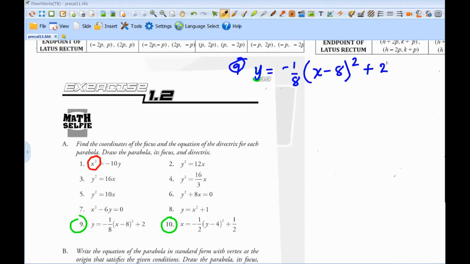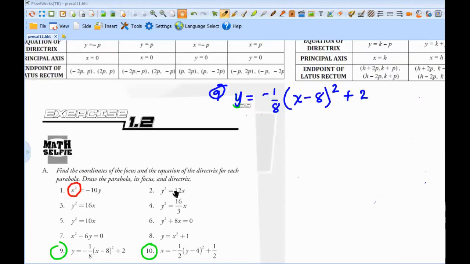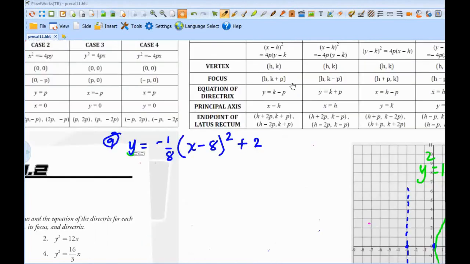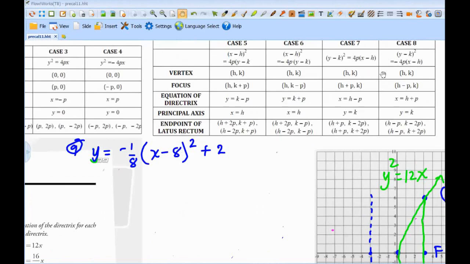Okay, so when we have this, we will be having it in a general form. So make sure that we will be checking our equation on these forms. As you can see, the squared is the x, so it's either case 5 or case 6, right?